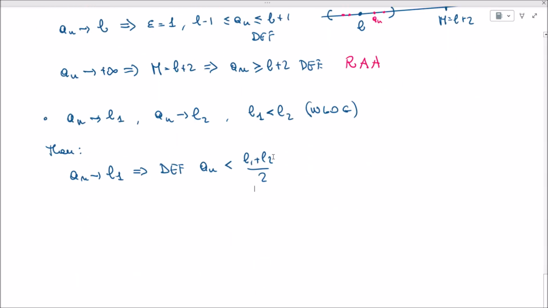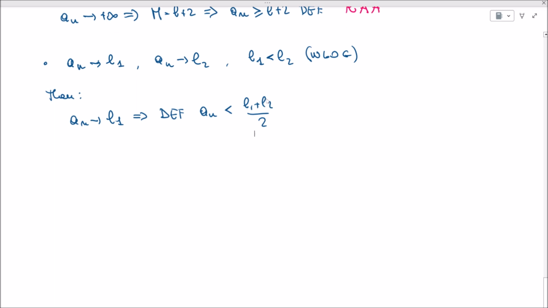So let's visualize this thing. Let's say that this is L1, and this is L2. We know that definitively the elements of the sequence will tend to accumulate close to L1.